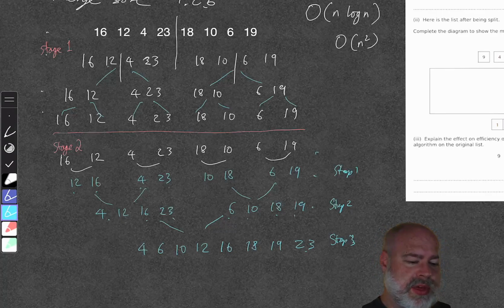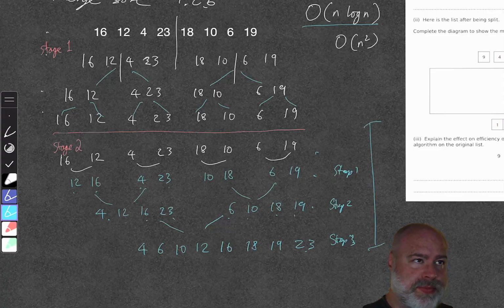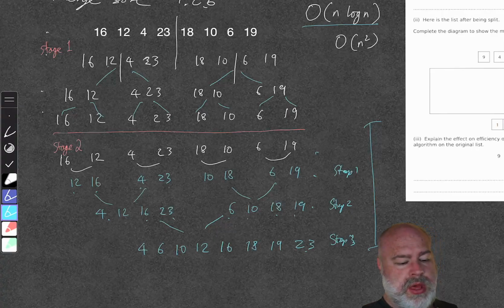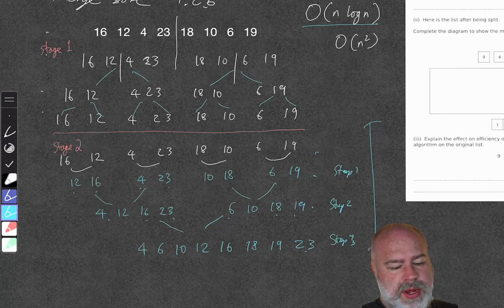And that's where the log n comes in, not that you need to know this for Edexcel, which is to do with the depth of how many steps you need to look at. So it does require quite a lot of copying and a lot of data, and a lot of those numbers need to be stored in memory. But for large data sets, divide and conquer sorting algorithms are more efficient.